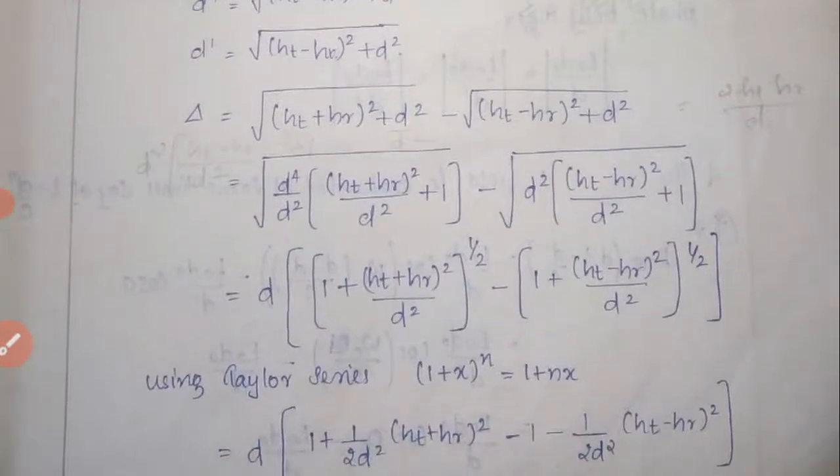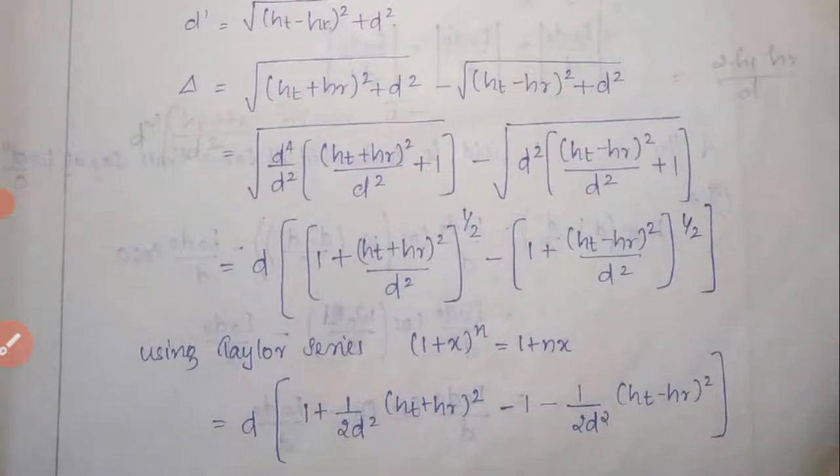After the first simplification you get this. In place of root we can put the whole power 1 by 2, since root x is equal to x power 1 by 2. Similarly we have to write this. In mathematics we have studied the Taylor series expression, that is 1 plus x the whole power n.